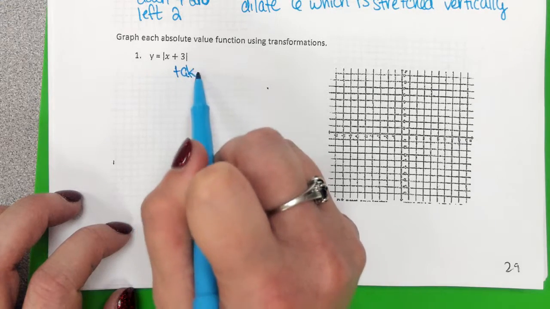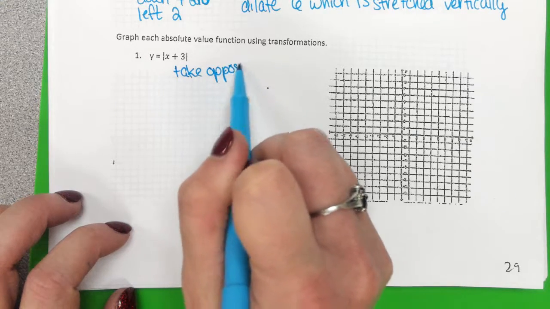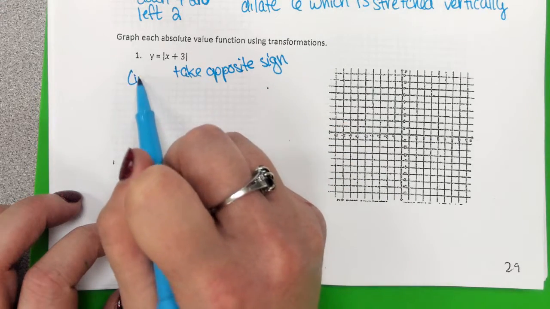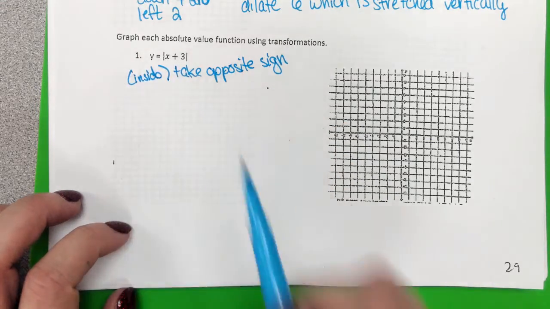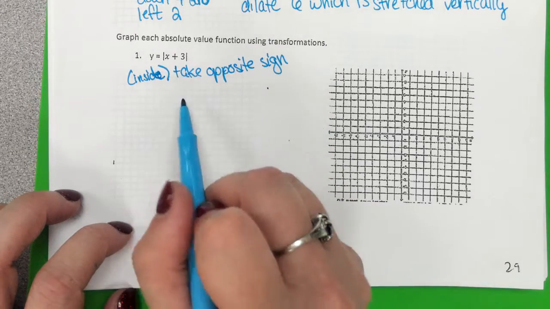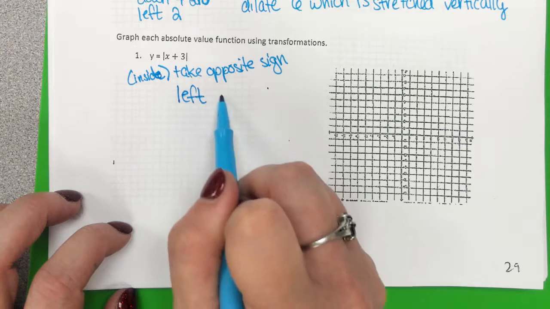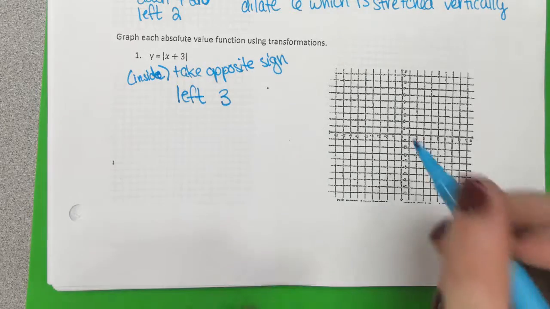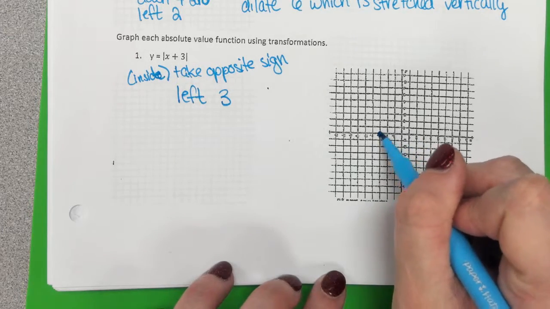So take the opposite sign inside. So that's going to tell me to move left 3. So let's move left 3. 1, 2, 3, put a dot.